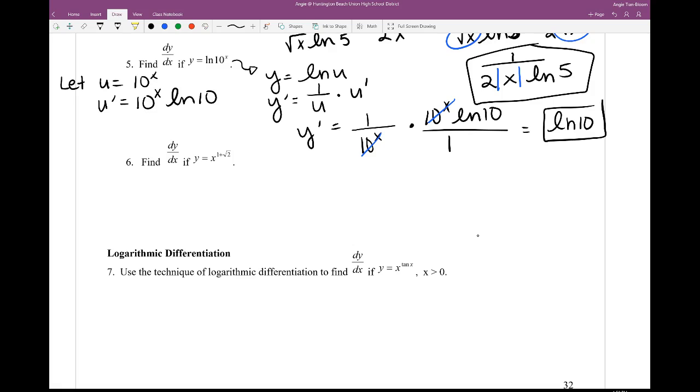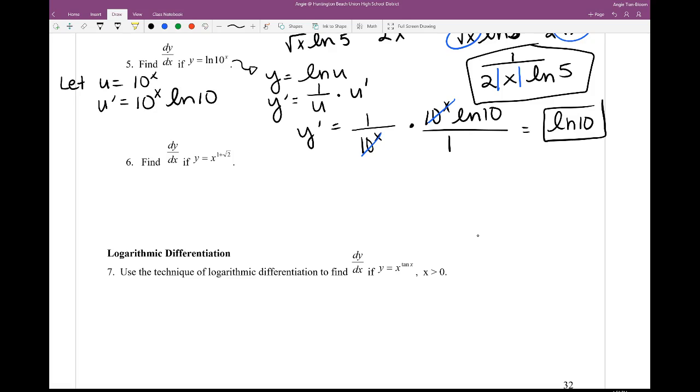It's 1 plus square root of 2. Even though it looks really scary, out of all the questions that we have done in this 3.9 section, this one's the easiest one. It looks like it might be an exponential, but it's not an exponential. An exponential means that the exponent has to be a variable. But this one, the exponent is not a variable. It's just a constant.